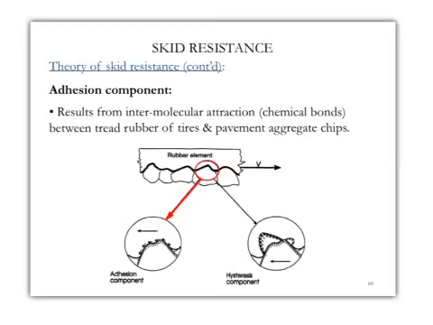As you can see, this is the rubber element, which is the tire, and those are the aggregate particles, and half of the aggregate is going to be sticking out from the asphalt surface. And now this interaction, if we enlarge it and look at the adhesion component, is basically, as I said, the interaction between the tire surface and the aggregate surface.